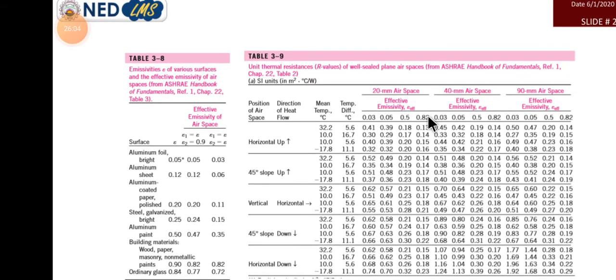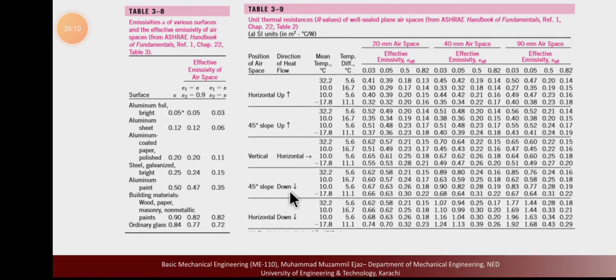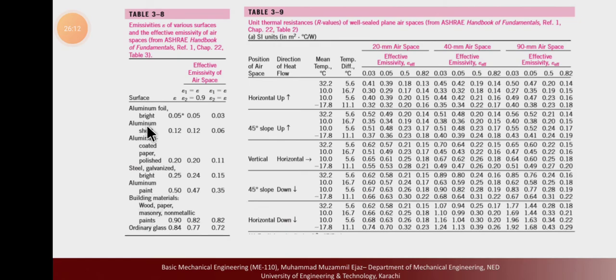Like we have effective emissivity values for horizontal, sloped and vertical wall positions, and for building materials like aluminum foil and ordinary glass. You see that the emissivity value of aluminum foil is very low, 0.03. So using aluminum foil, there is now a synthetic construction material available in the market, like Alcobond sheets.